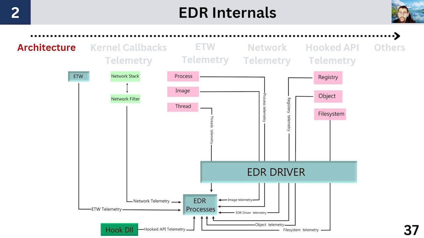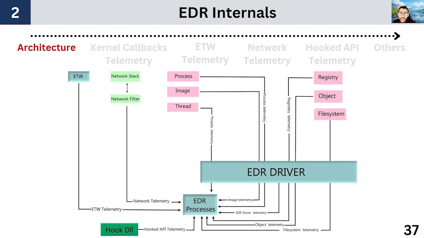It uses kernel callbacks to monitor critical system activities, including process callbacks registered using PsSetCreateProcessNotifyRoutineEx to track process creation and termination, thread callbacks using PsSetCreateThreadNotifyRoutine to capture thread creation and termination, image load callbacks using PsSetLoadImageNotifyRoutine to monitor DLL and driver loading, registry callbacks via CmRegisterCallbackEx to observe registry modifications, object callbacks monitoring kernel objects like opening handles to processes or threads, and file system callbacks using minifilter drivers to monitor file system operations such as file creation, deletion, or modification.